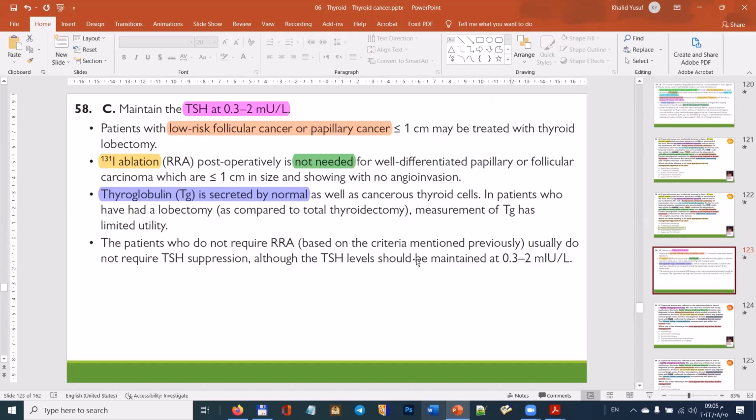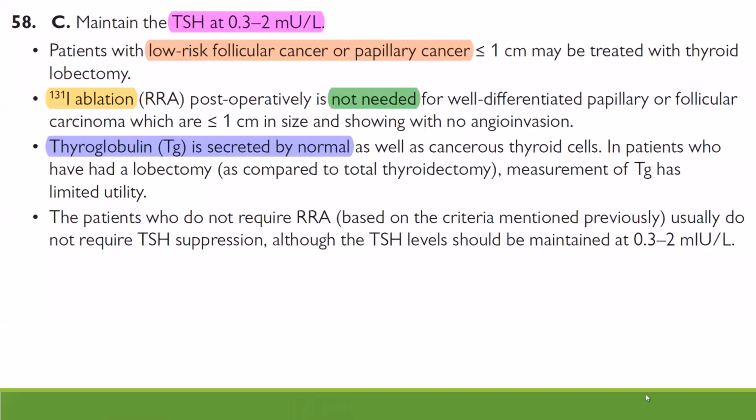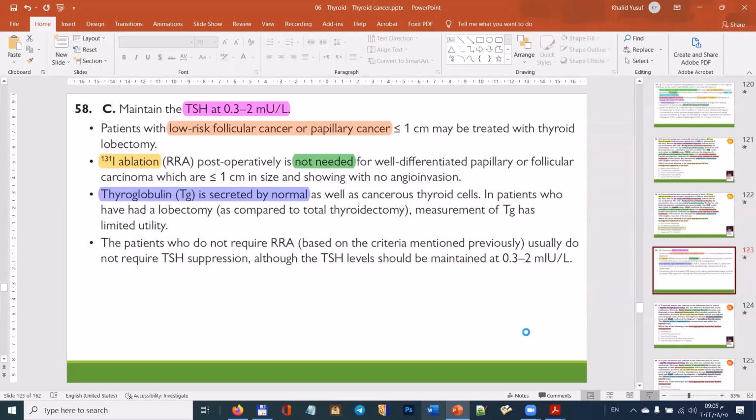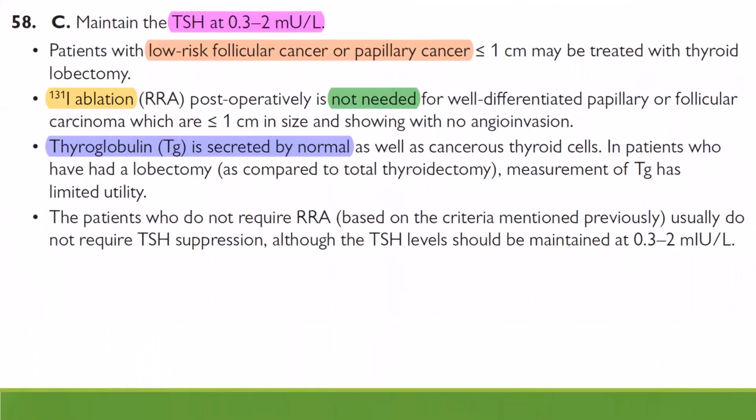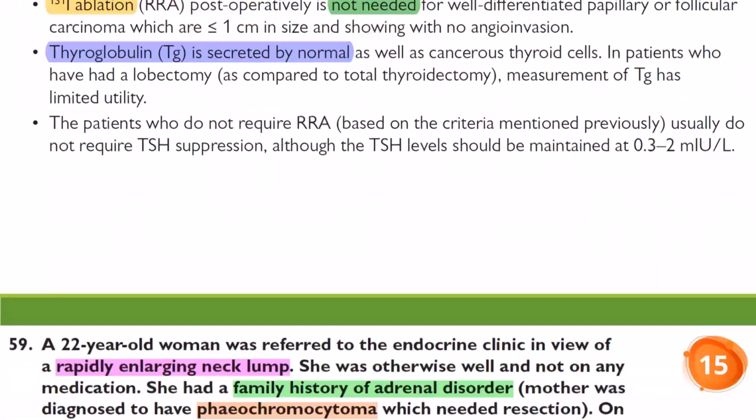And here he mentioned in this second edition, TSH level should be maintained at 0.3 to 2. So in the exam, if you face a question like this, please choose the answer: the target of the TSH is between 0.3 to 2, like the second edition of Atul book.